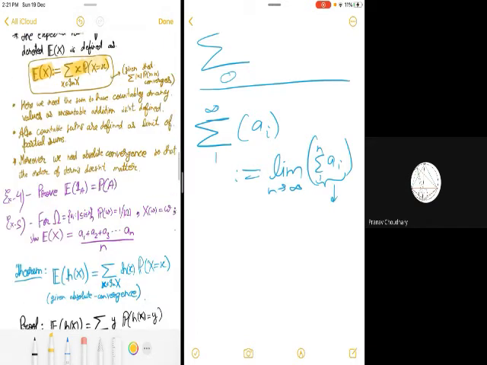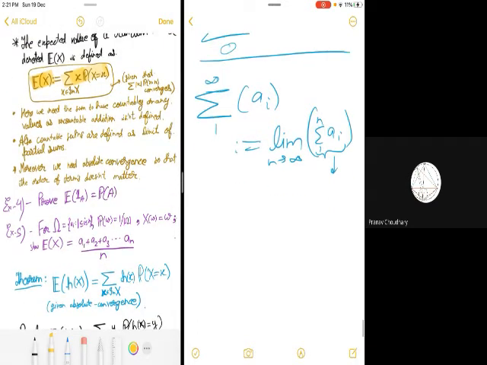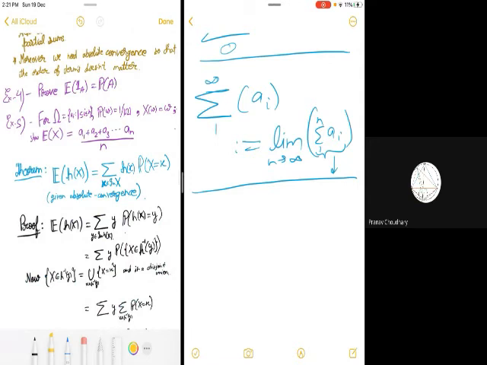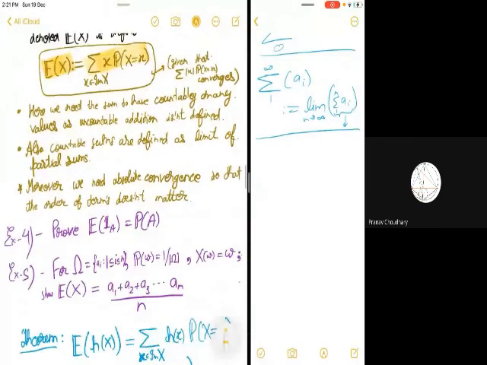Also, an infinite sum does not always behave nicely, in the sense that if we change the order of the elements, then the value of the sum can actually change. To stop that from happening, we will need absolute convergence of this series, so just take that on faith for now.